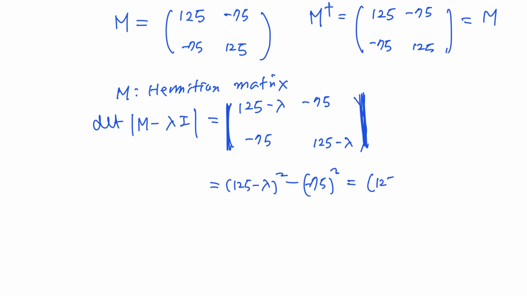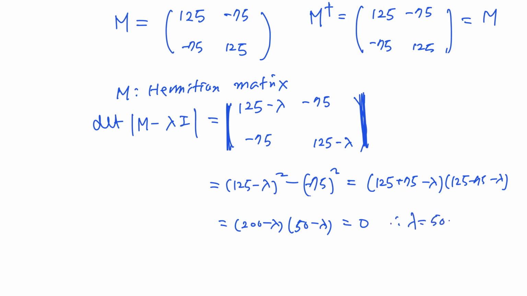So 125 plus 75 minus lambda, 125 minus 75 minus lambda, 200 minus lambda, 50 minus lambda is equal to 0, right? So lambda is either 50 or 200.